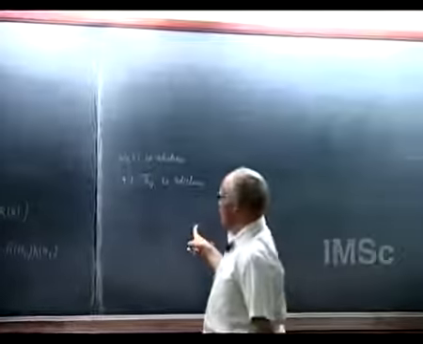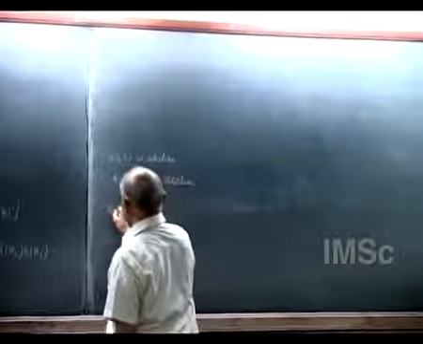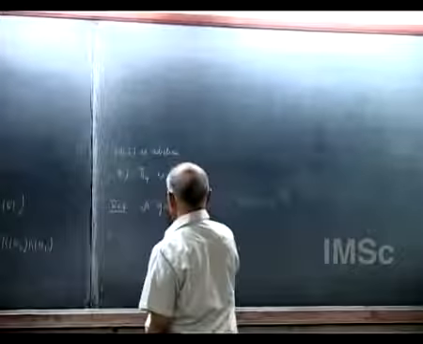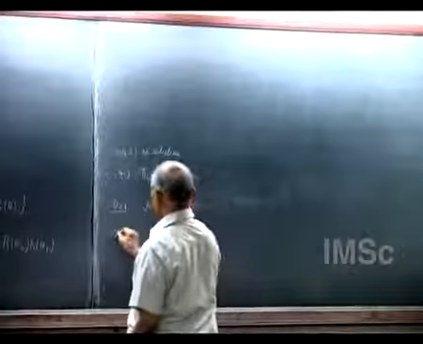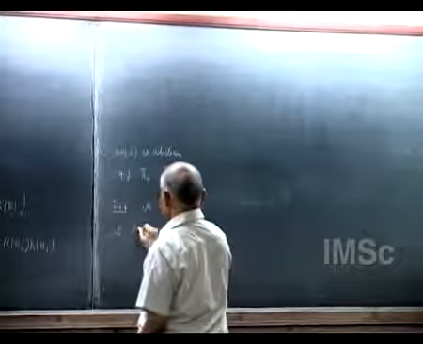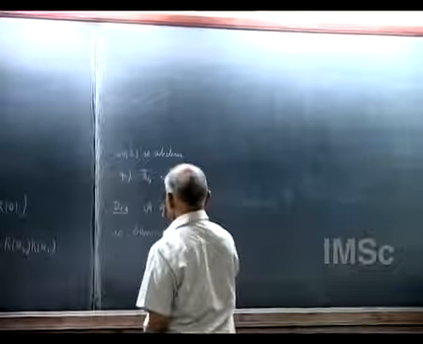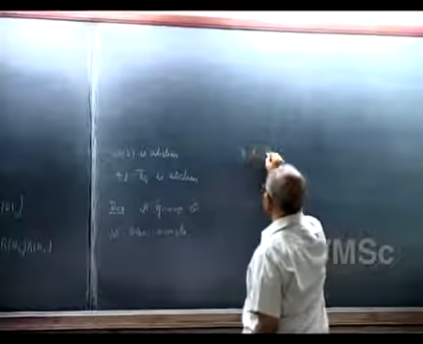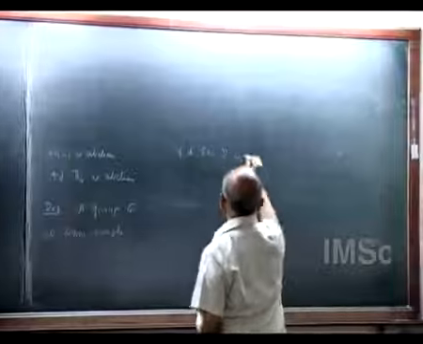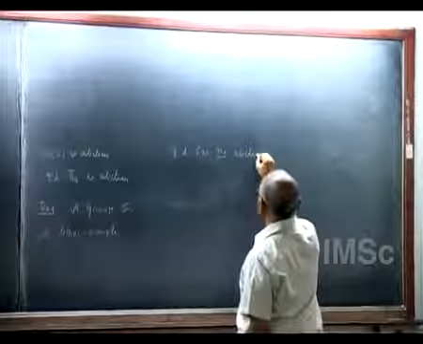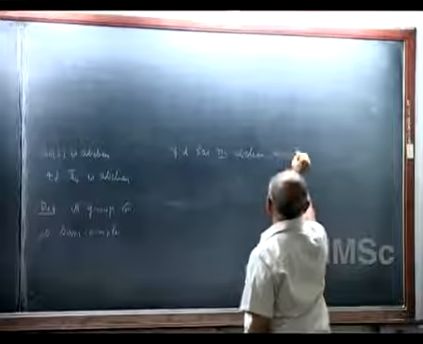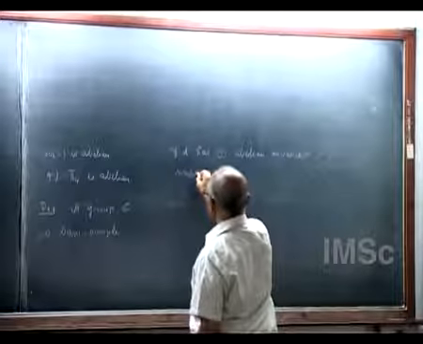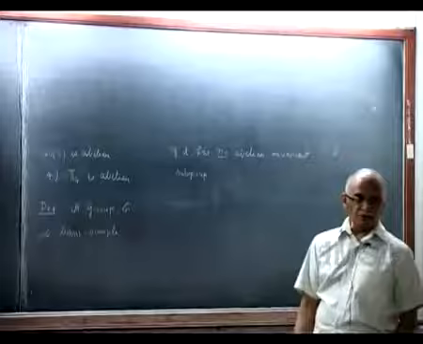Now, definition: a group is semi-simple if it has no abelian invariant subgroup. So, the group is simple if it has no invariant subgroup at all.